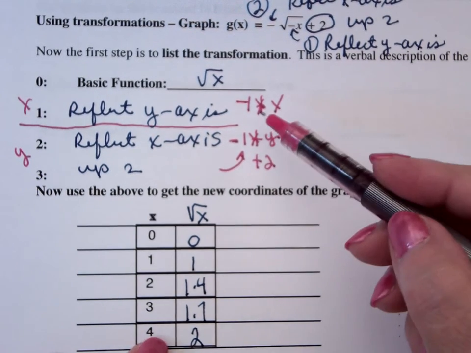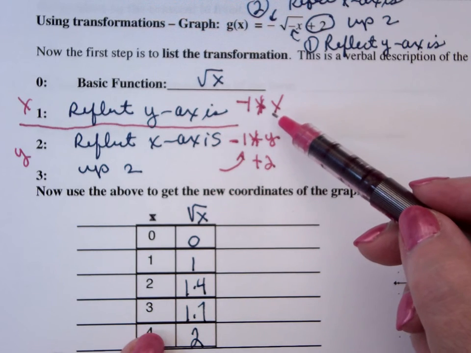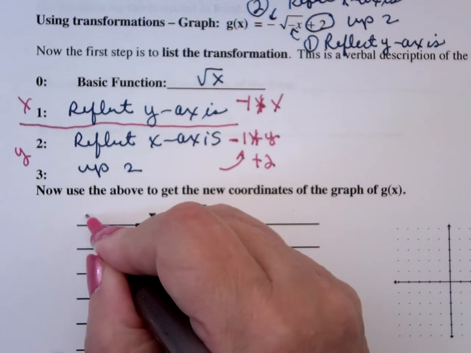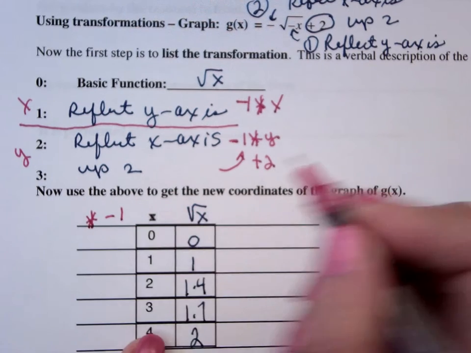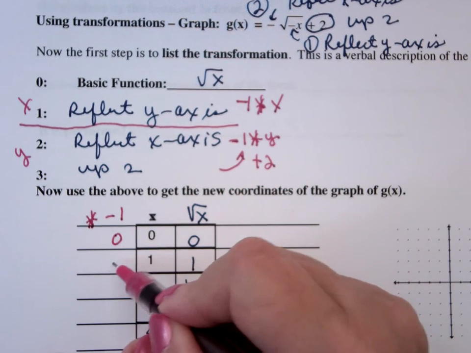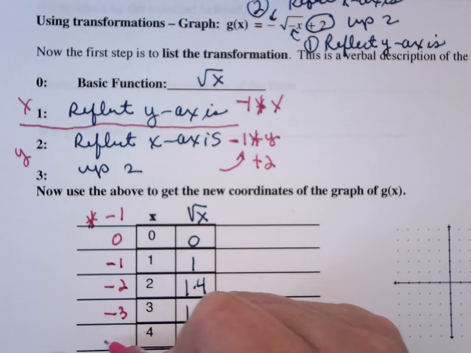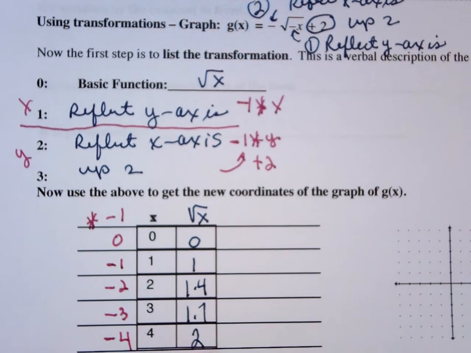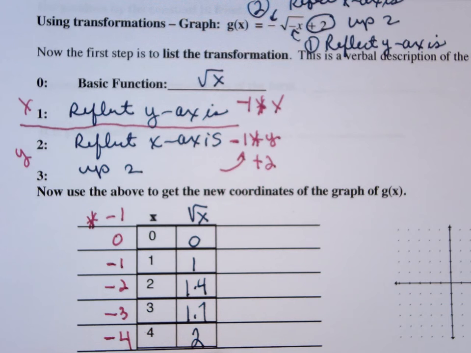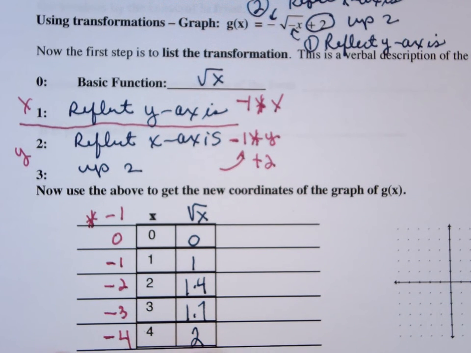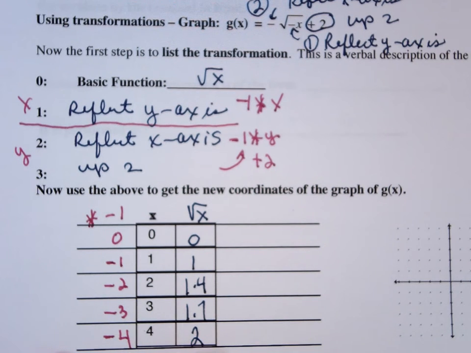First thing I do is reflect across the y-axis, and I do that by multiplying -1 times all the x's. So 0, -1, -2, -3, -4. I've just changed the domain of this function. The domain now goes from -infinity to 0 instead of 0 to infinity, because that minus sign flips it.